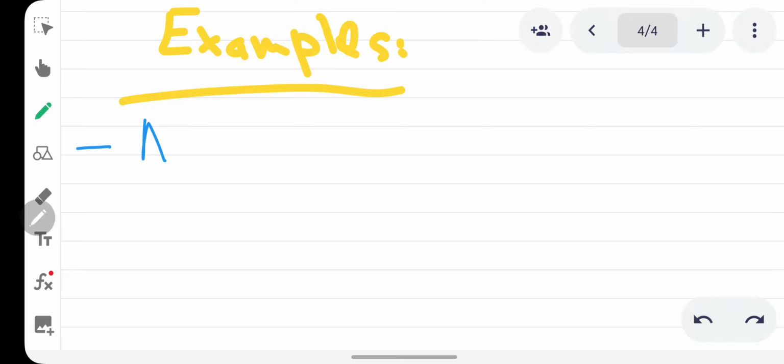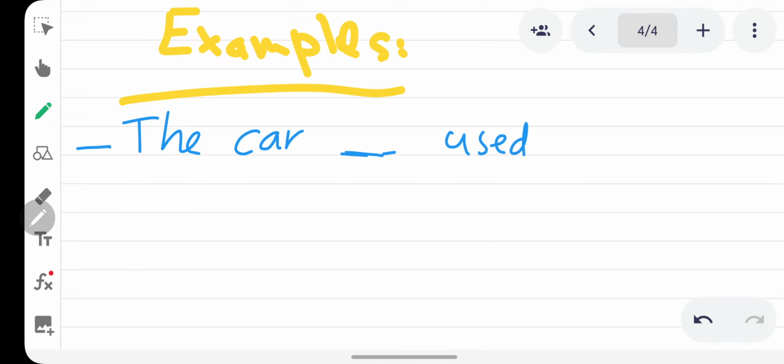So let's say this is going to be the active. We are in the passive now, so here we have a space. We have the car, and we have used by Ahmed.